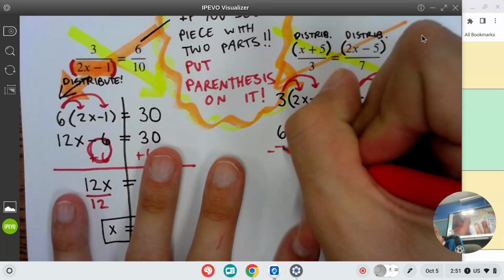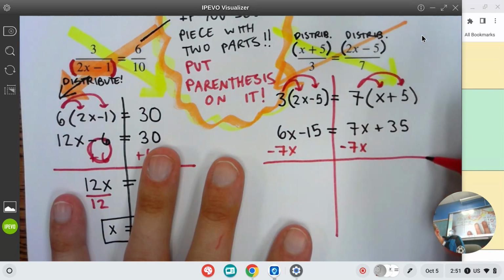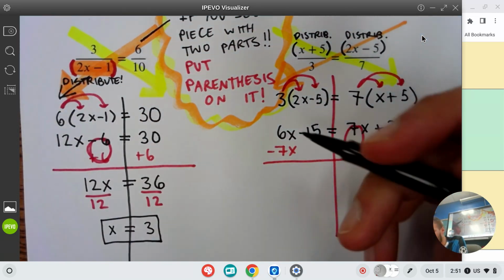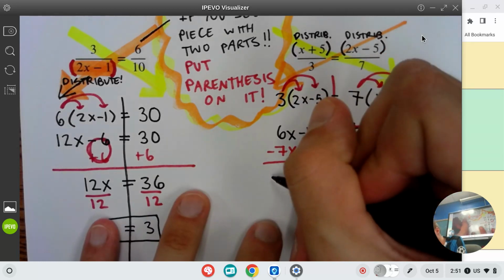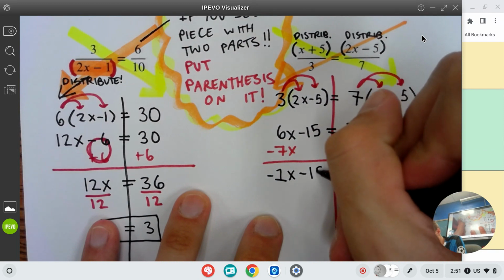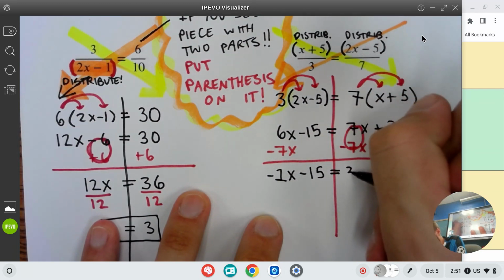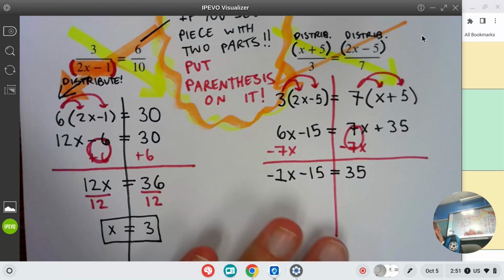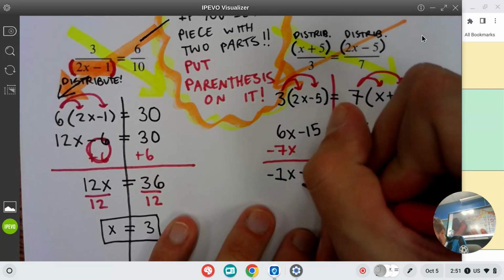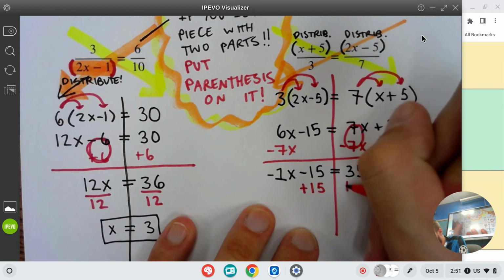Move our letters left. 6 minus 7. If you got $6 and you spend $7, you broke, my man. Minus x. That's right. You in debt. What are we going to move next? The 15, plus 15, plus 15.